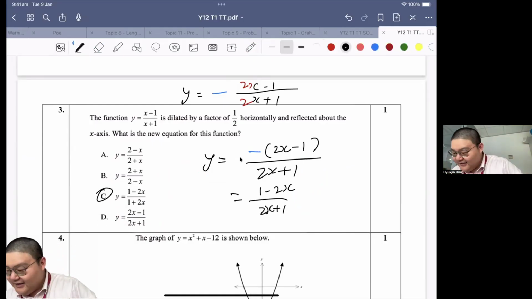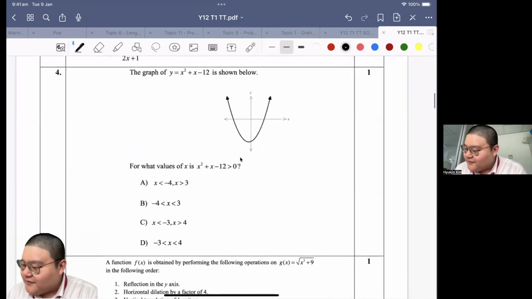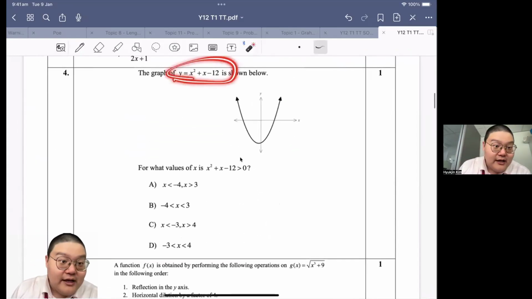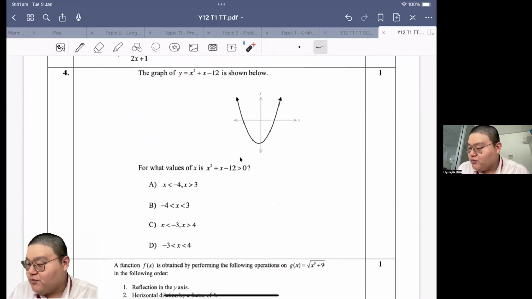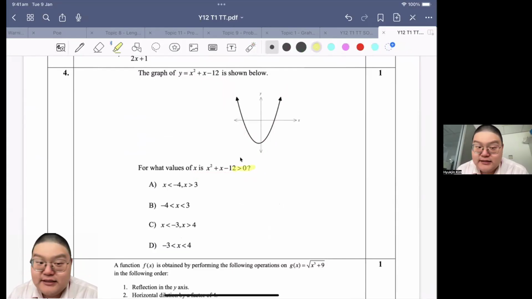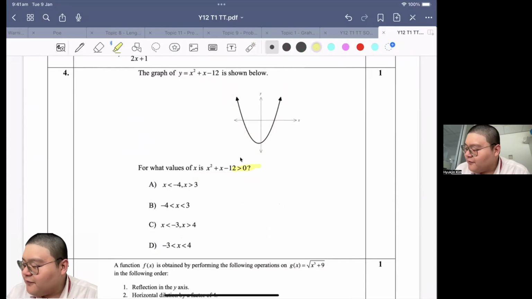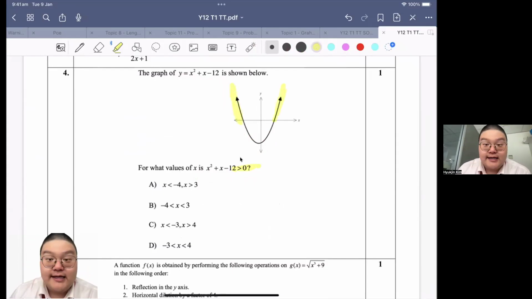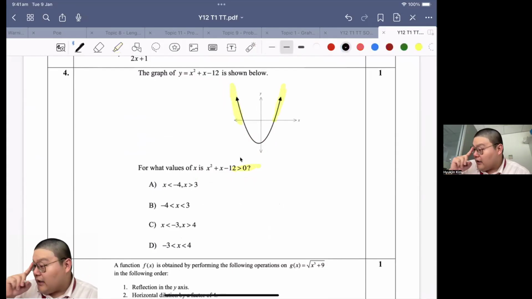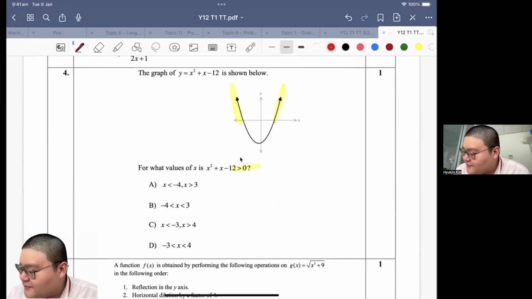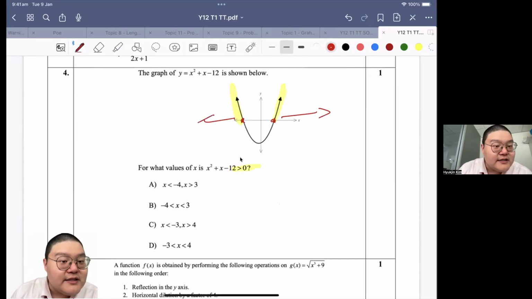I can't read. Anyhow, the graph of this parabola, x squared plus x minus 12, is shown below. Boom. For what values of x is it greater than 0? I'm looking for the values where it's above the x-axis. Now, what does that mean? I need to find what these points are, and I'm looking for the x values on the right side and on the left side.